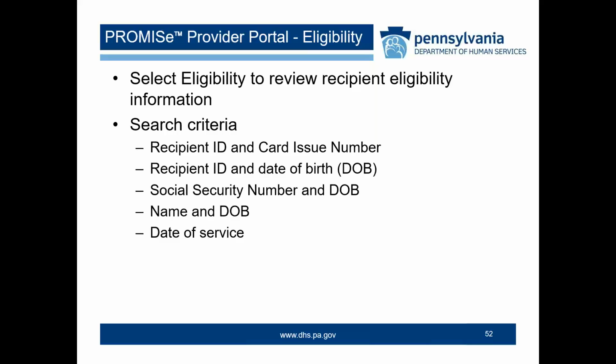If you do check eligibility and you use their social security number and date of birth, or their name and date of birth, in the response, if there is a response coming back, it will provide you with their 10-digit recipient ID number, so you will be able to bill, because that's the number that you will need to bill PAMA. And then, of course, you'll also need the date of service to check eligibility with.